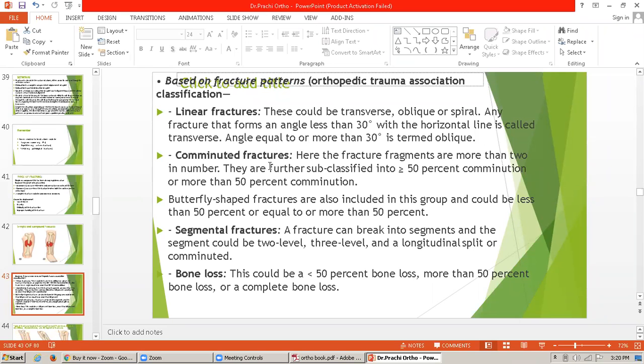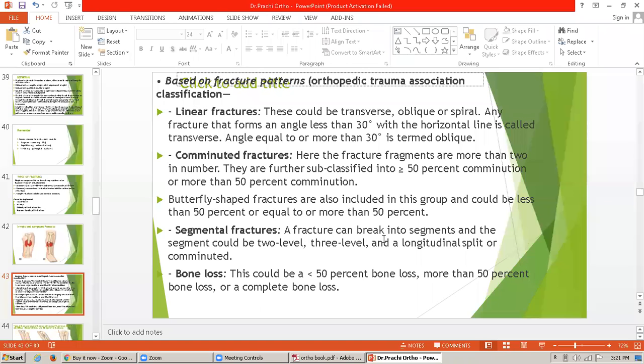The comminuted fracture: here the fracture fragments are more than 2 in number and they are further subclassified into less than 50% comminution or more than 50% comminution. Butterfly shaped fractures are also included in this group, and could be less than 50% or equal to or more than 50%. So, next is the segmental fracture.